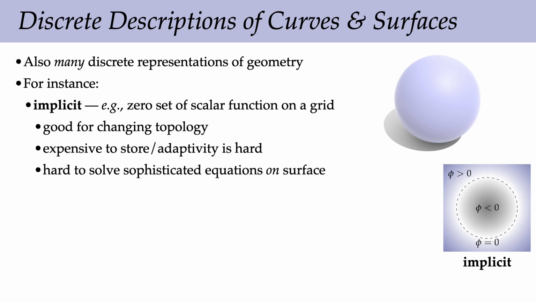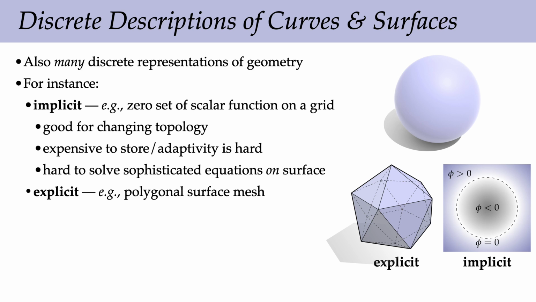A different way to encode geometry is to encode it explicitly. So rather than having this function that kind of says, okay, you can check if I'm on the surface or not, or if I'm inside or outside the surface, rather just kind of list points or elements where the surface lives. So the canonical example of this for us is a polygonal surface mesh. Right?